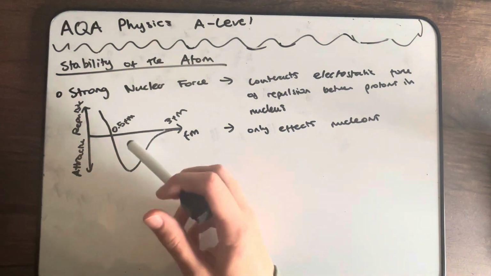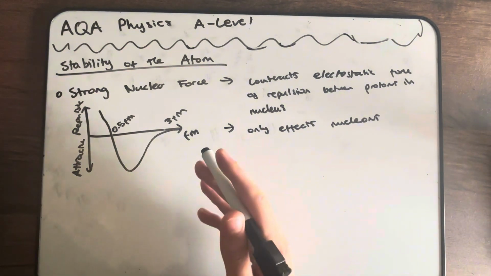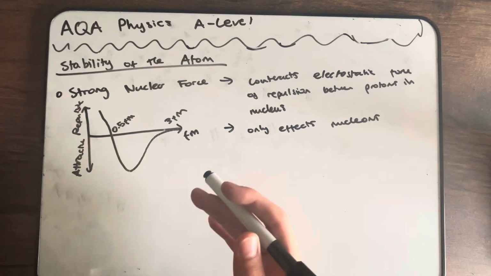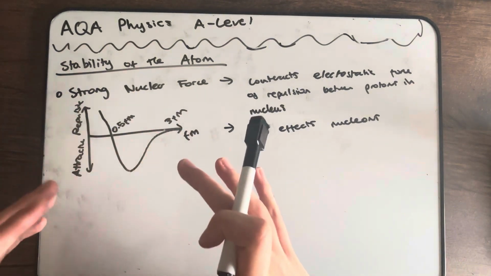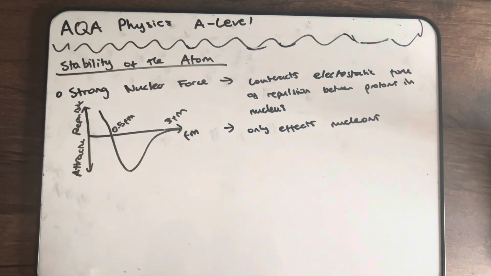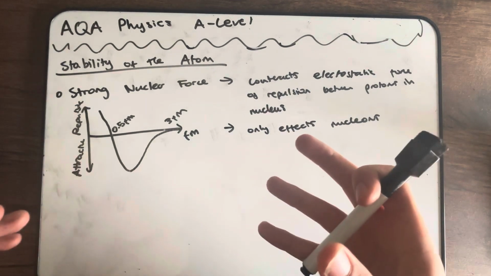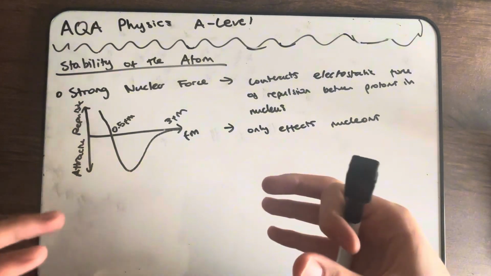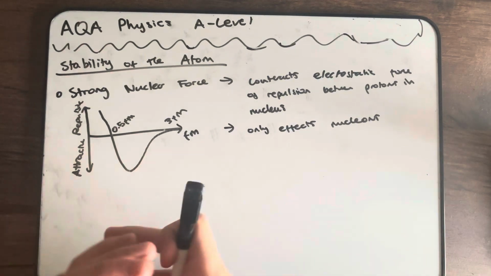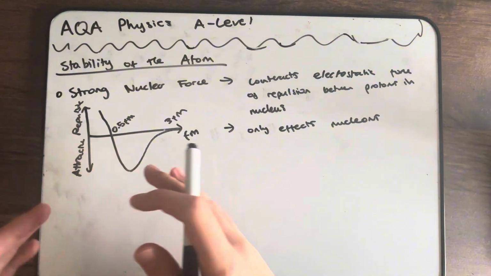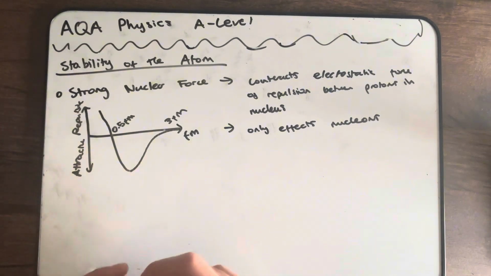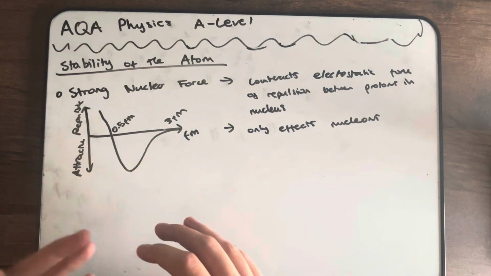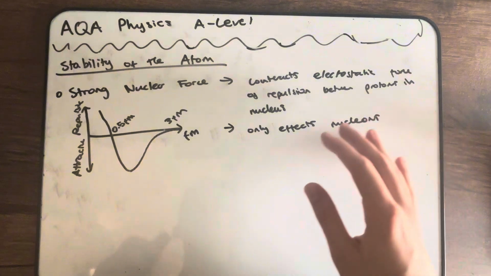So below 0.5 femtometers, a femtometer is 1 × 10⁻¹⁵ meters, the force is repulsive. Now this is so that the protons don't become so attracted to each other that they collapse in and the nucleus collapses in on itself. Now, between 0.5 femtometers and 3 femtometers, the force is attractive, which will counteract the electrostatic force of repulsion.